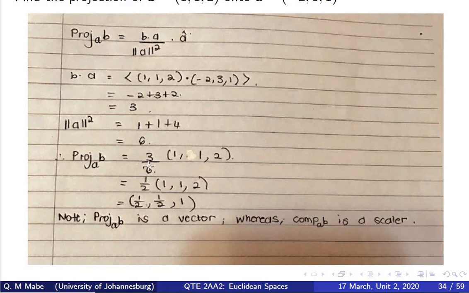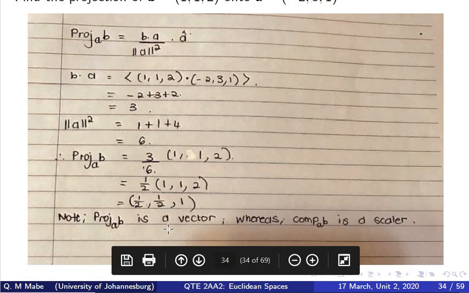Now what I have to do is just the substitution. So I get 3 over 6 times (1, 1, 2), which is the same as a half. So the vector projection of B onto A is just (1/2, 1/2, 1), and this is a vector.